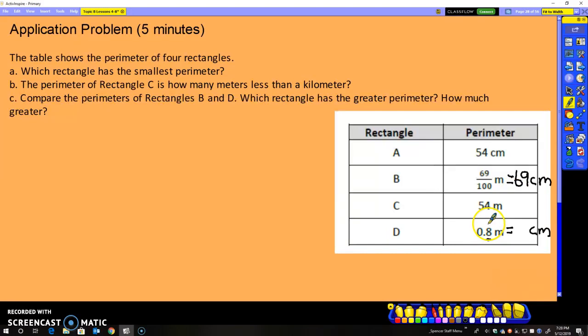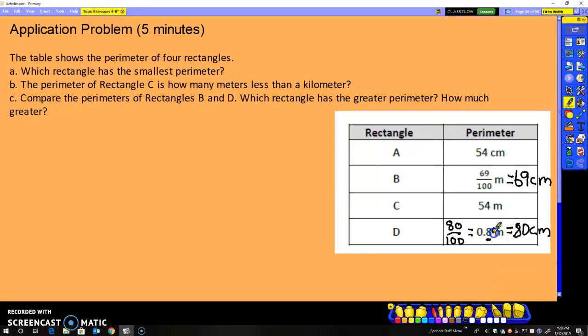In every tenth, I have 10 hundredths. So if there's 10 in every single one of these, there are going to be 80 centimeters. So this fraction form could look like this, 80 hundredths.